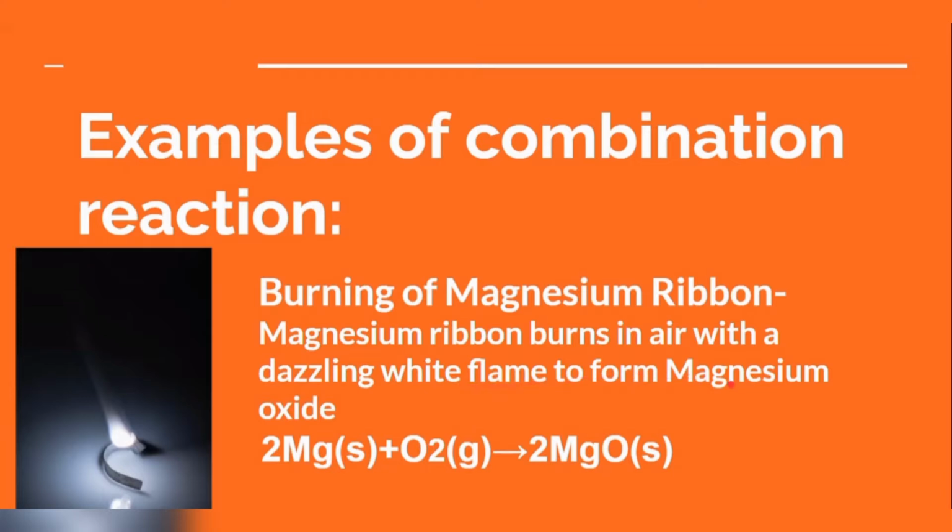This product is magnesium oxide. So the reaction will be magnesium, the symbol Mg. Mg will be combining with O2, oxygen, and form magnesium oxide. It is a solid substance and it is ash in color. So this is an example of a combination reaction.